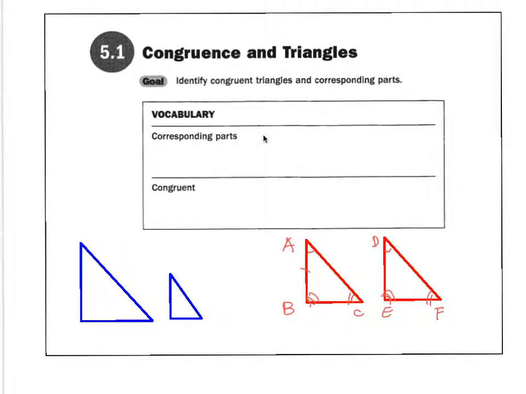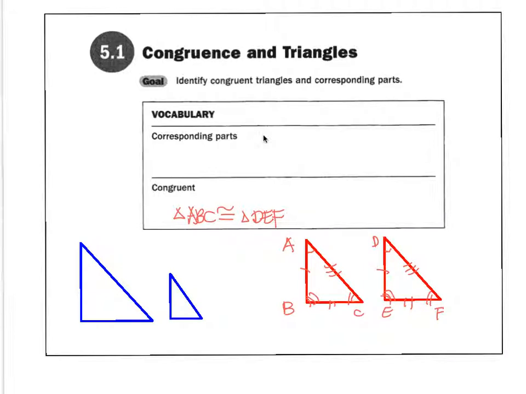Also notice that AB and DE are congruent, BC and EF are congruent, and AC and DF, the longest sides, are congruent as well. So in this case, we call these two triangles congruent triangles. The way we write it is triangle ABC is congruent to triangle DEF.